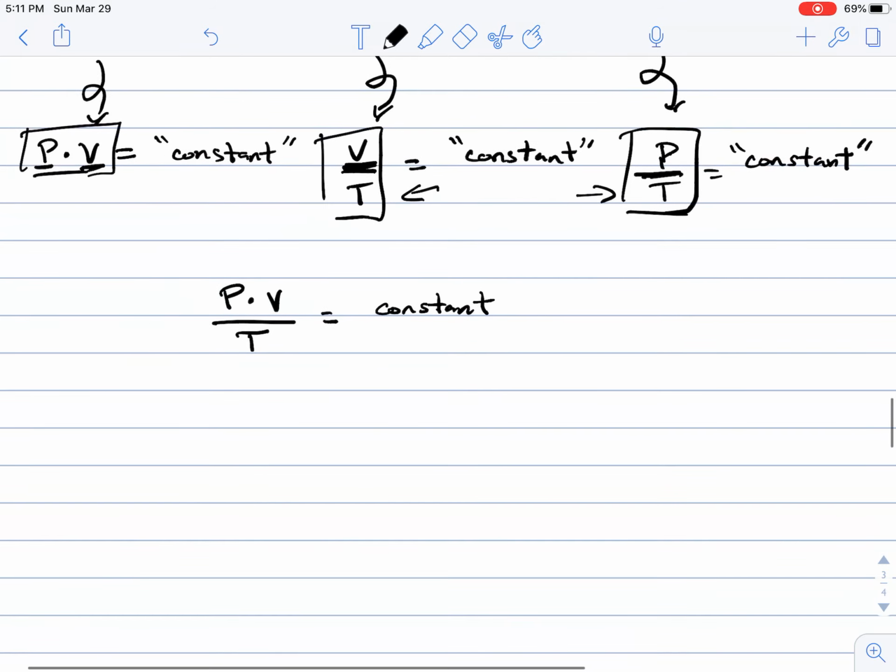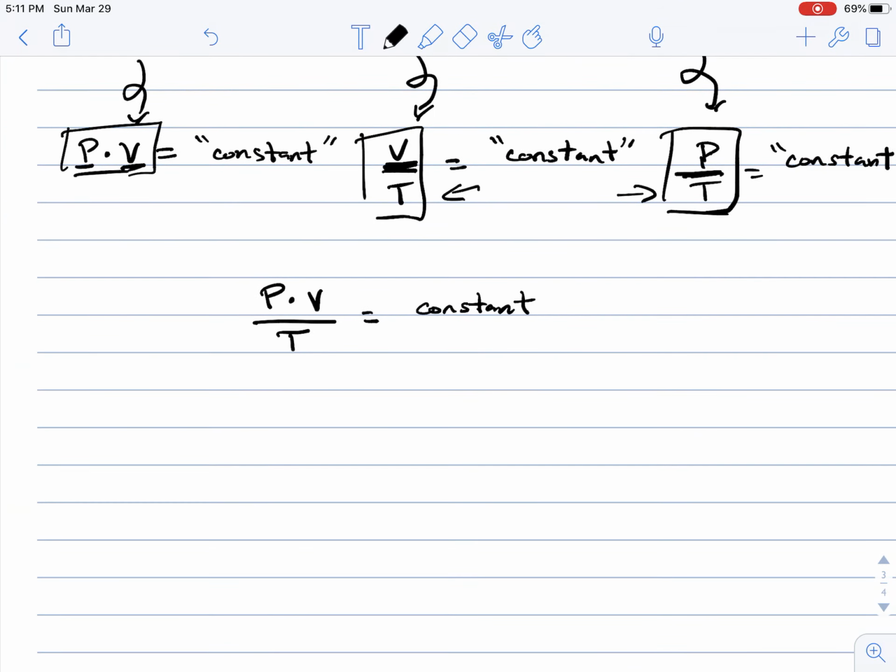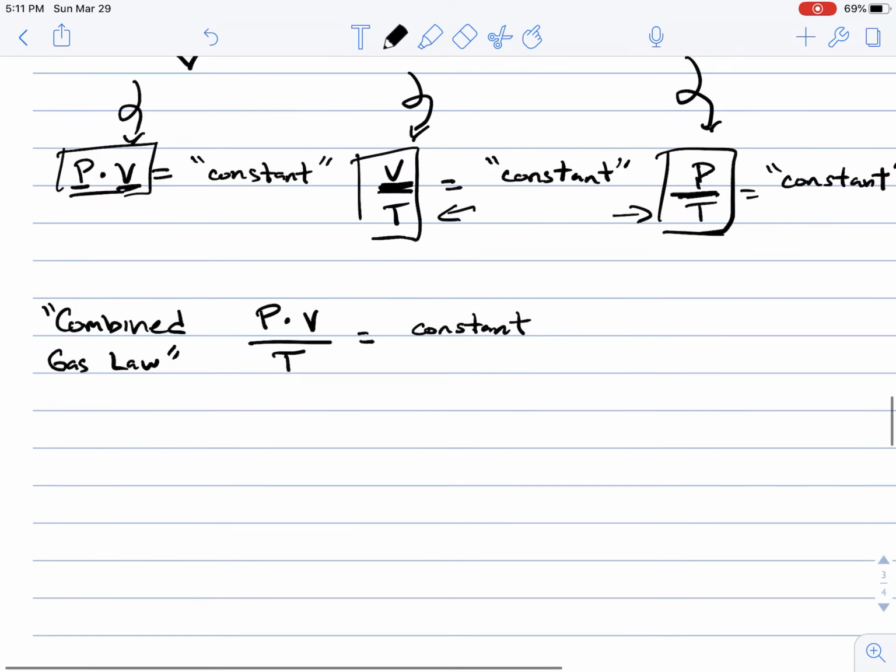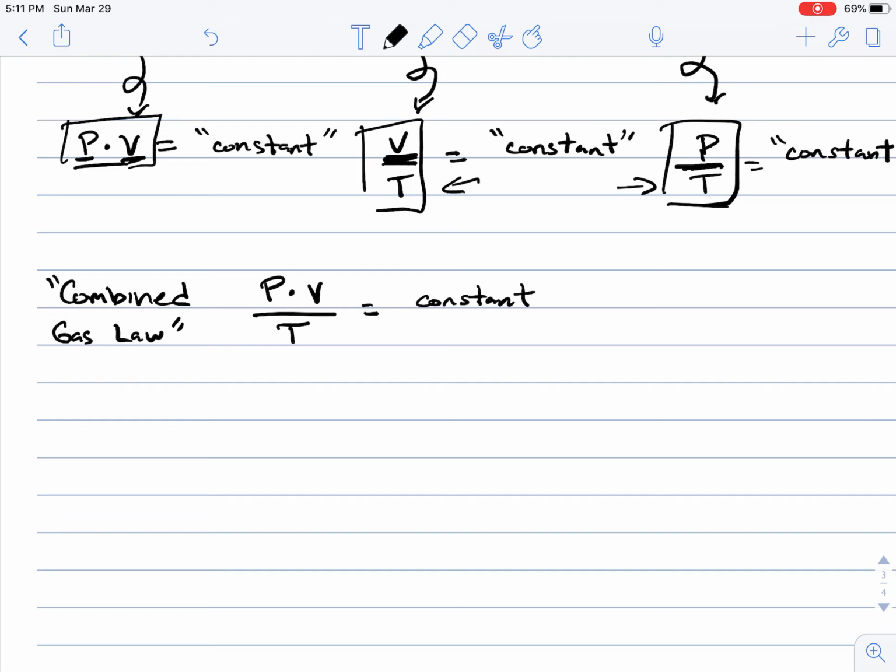We can use this combined gas law to understand how changes in either volume or temperature will affect pressure, or how changes in pressure and temperature affect volume.